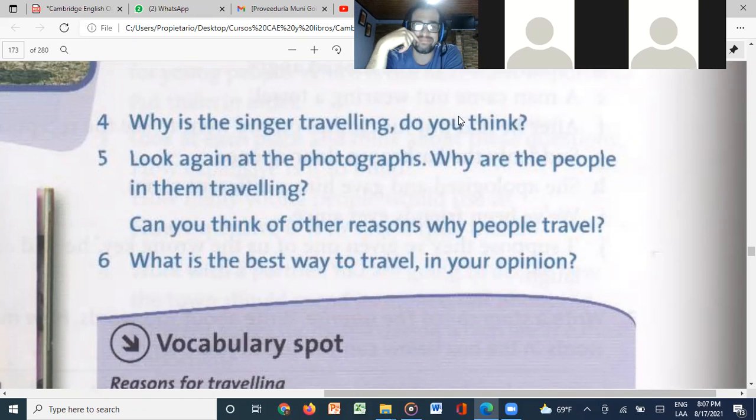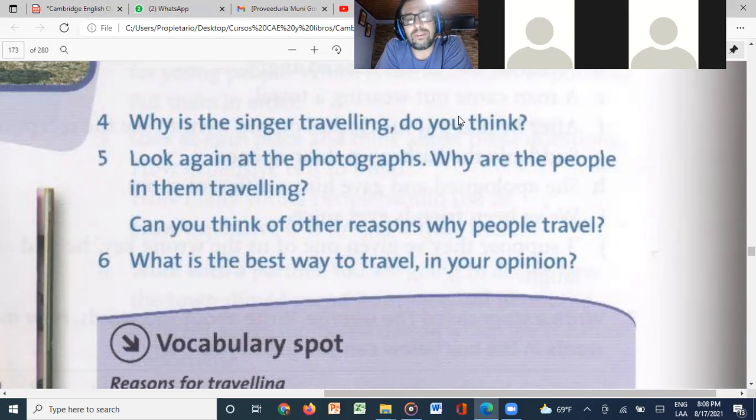When I travel in the mountains with my friends, I have moments for that. So that's why you think the man is traveling, because he wants to reflect and think about things. Maybe. Okay, very good, David.